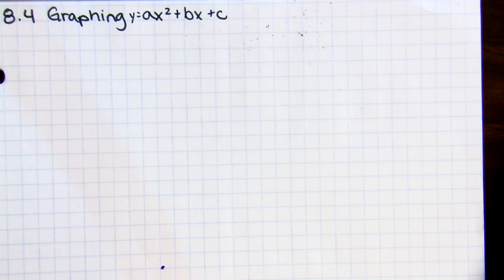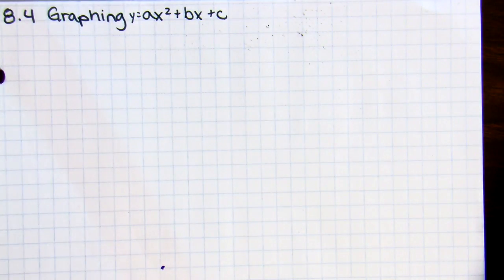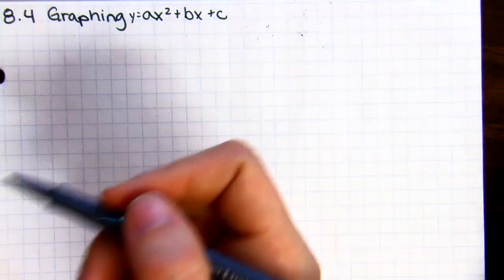Okay, so we're finally at the point where we're going to be graphing this entire trinomial ax squared plus bx plus c.